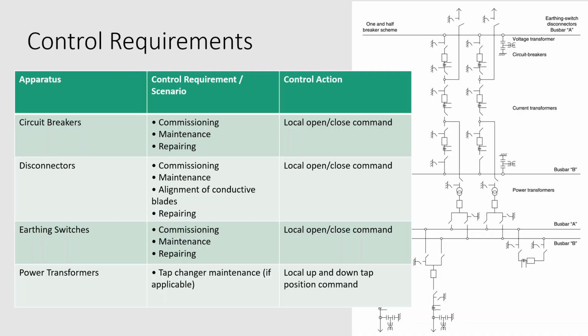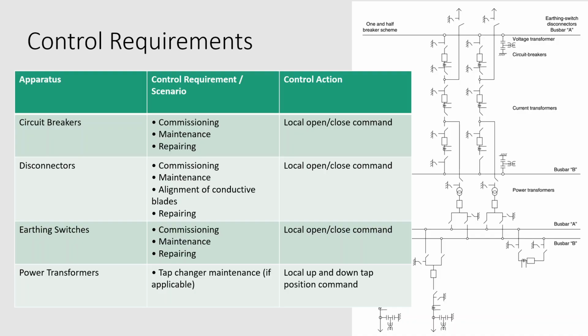Okay, so talking about substation automation, what are the control requirements you have in a substation? If you look at the apparatus in the substation, the equipment, for example circuit breakers, they need to be commissioned, maintained and repaired, right?